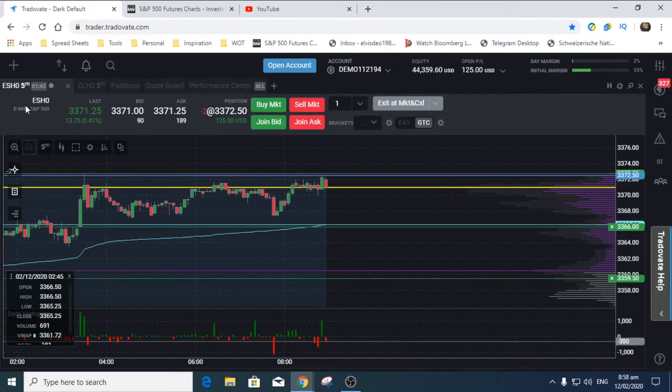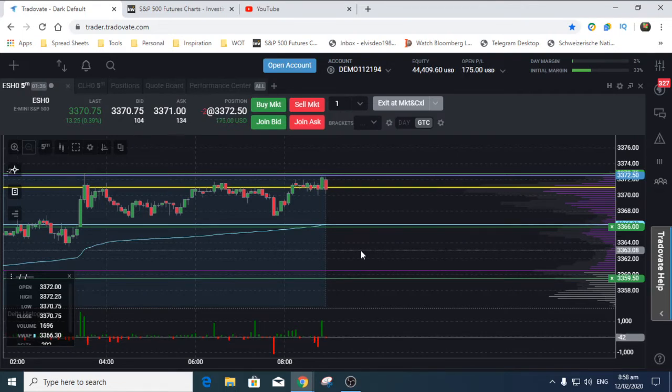I always have a timer when I buy. So this is what we'll be moving here to close out this trade.